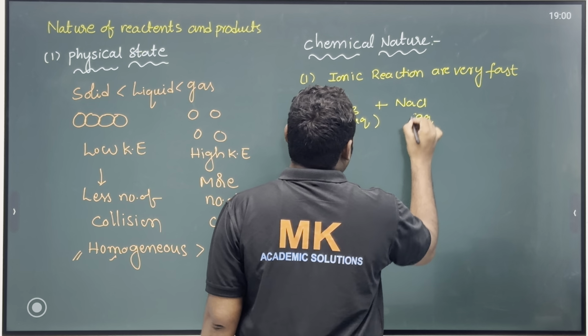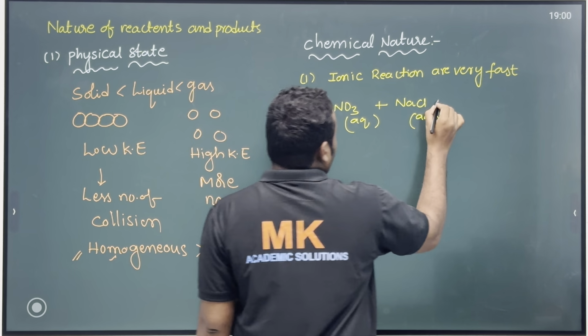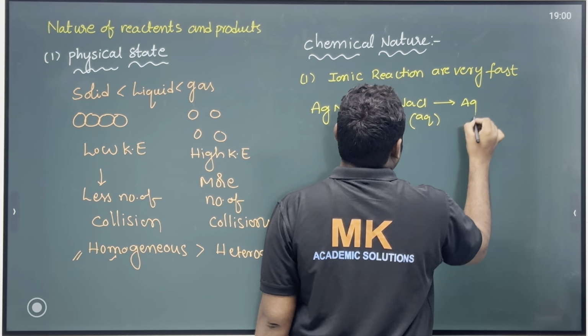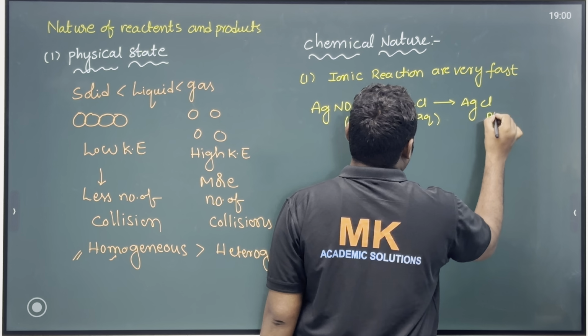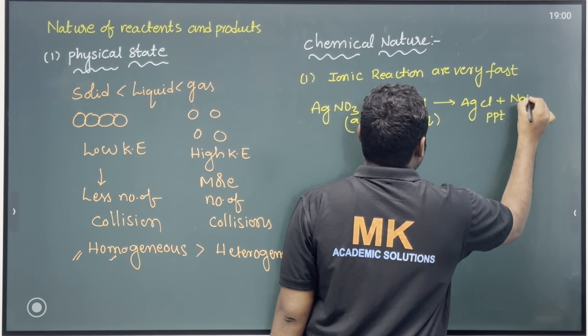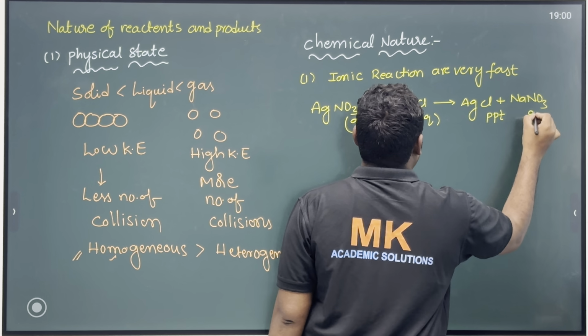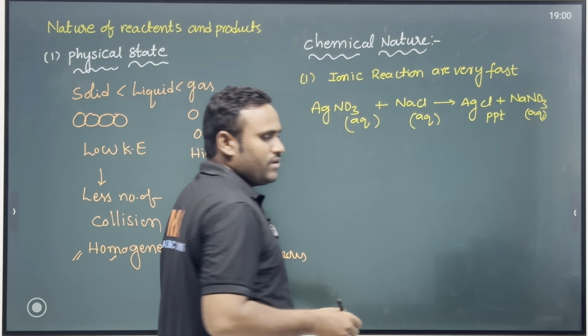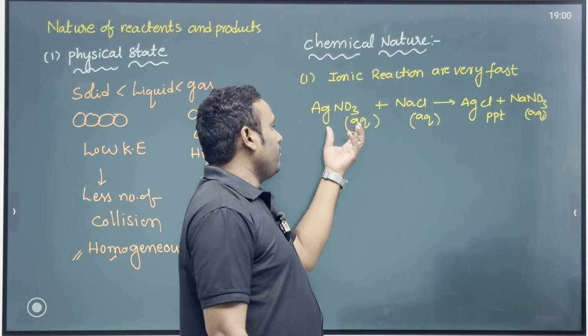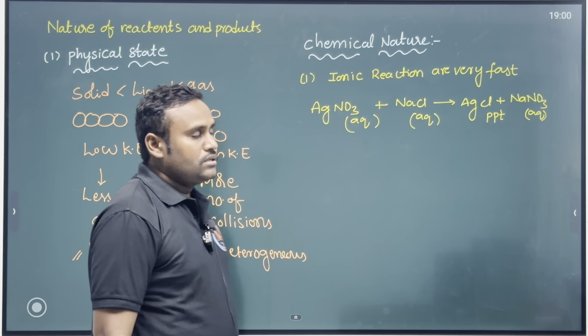It gives a quick reaction, forming AgCl, a silver chloride precipitate, and NaNO3, sodium nitrate, aqueous. This reaction takes place immediately when you mix silver nitrate and sodium chloride.